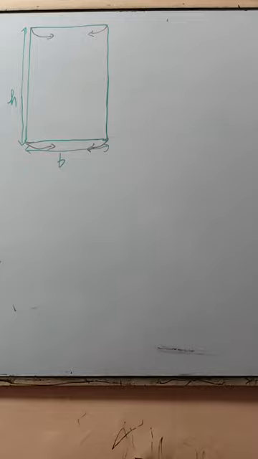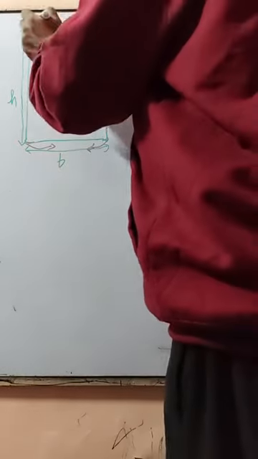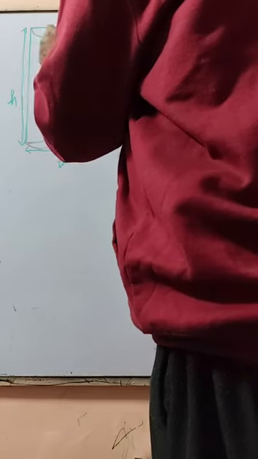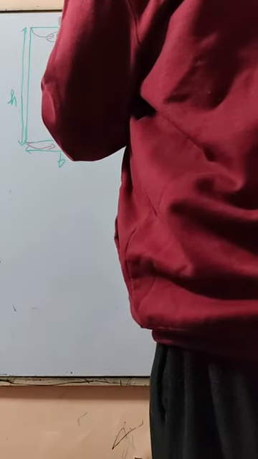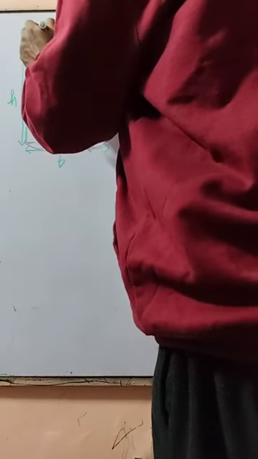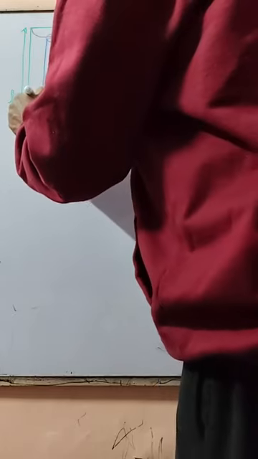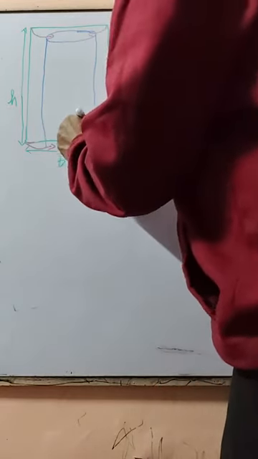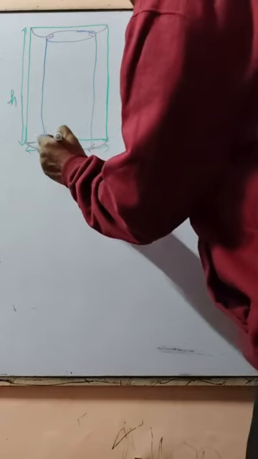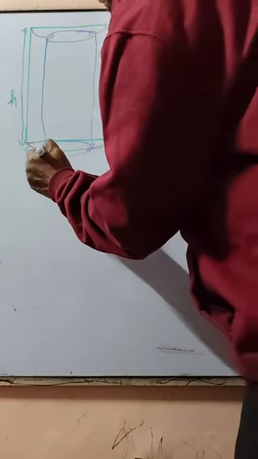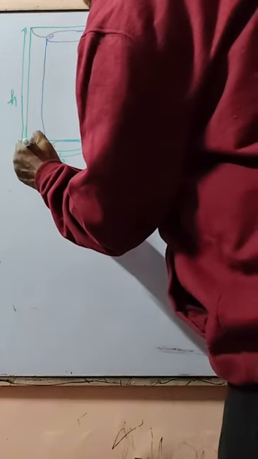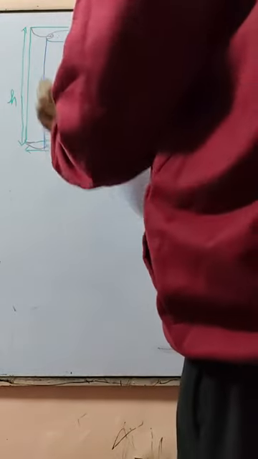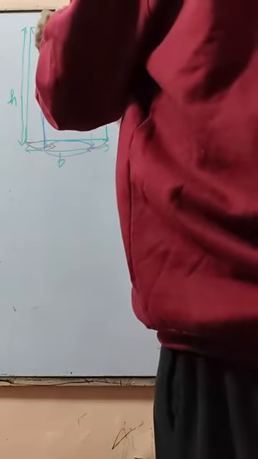So what happened? This end, this B turns into a circular end, and this turns into a circular end, right?